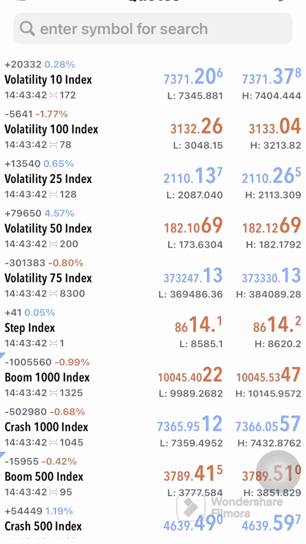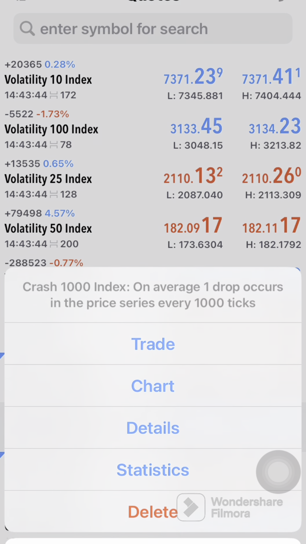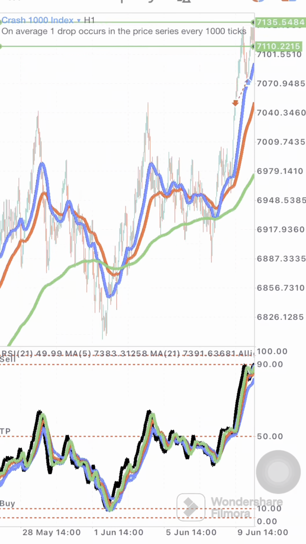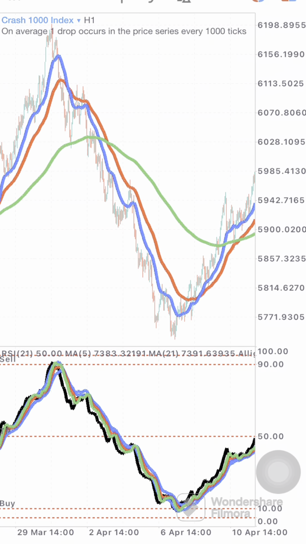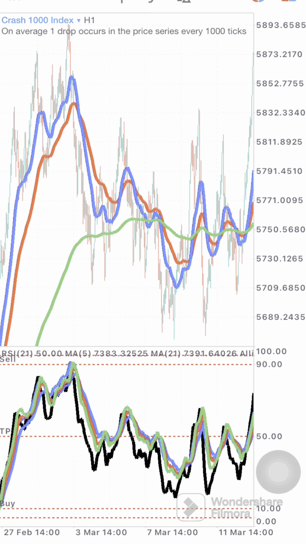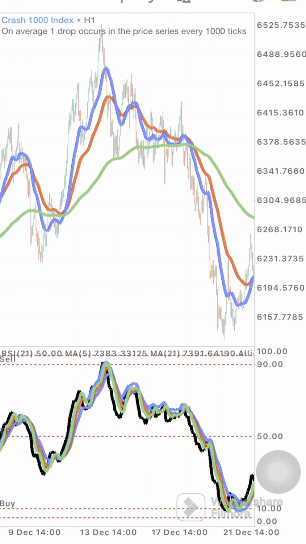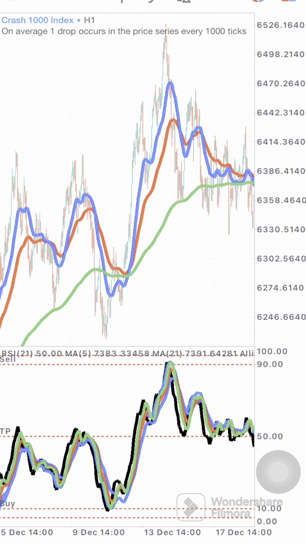And you can catch spikes with Boom 1000 and Crash 500 respectively. So these are the 3 benefits of using this awesome strategy.